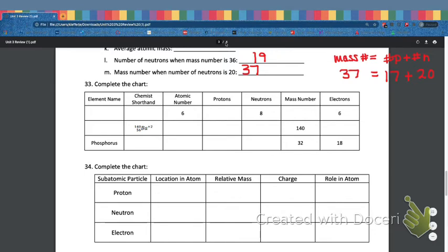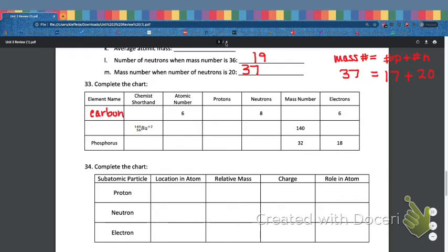So let's see. For number 33, it says complete the chart. The first one, they just give us our atomic number, our neutrons, and our electrons. So our atomic number is 6. So we're going to look at our periodic table and find atomic number 6. And that happens to be carbon.